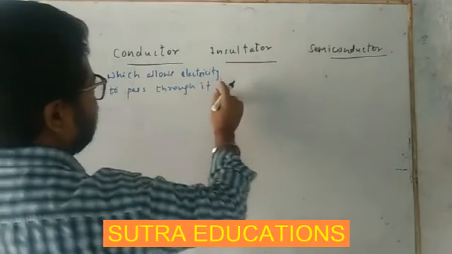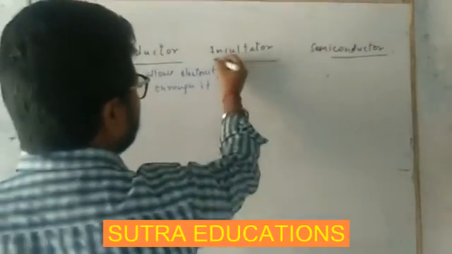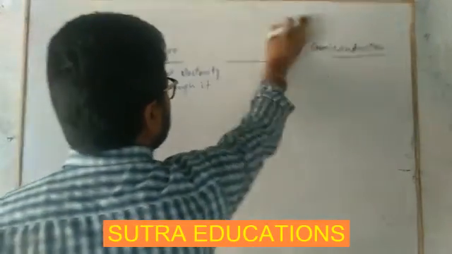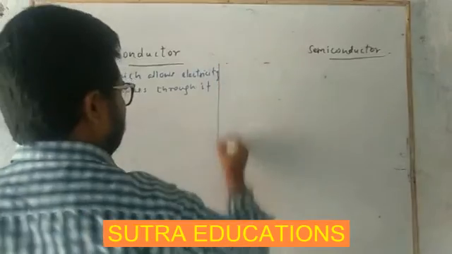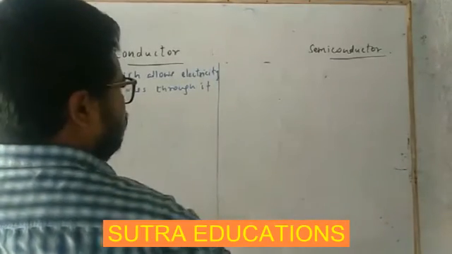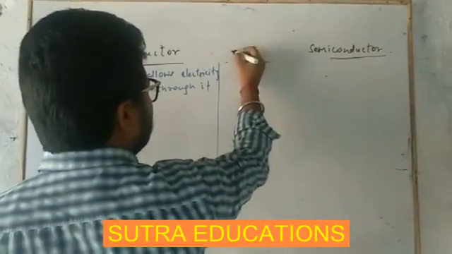What is an insulator? An insulator is something which does not allow the passage of electricity.